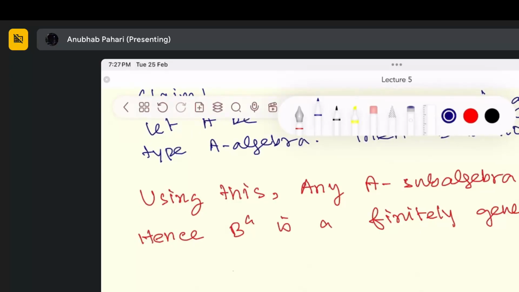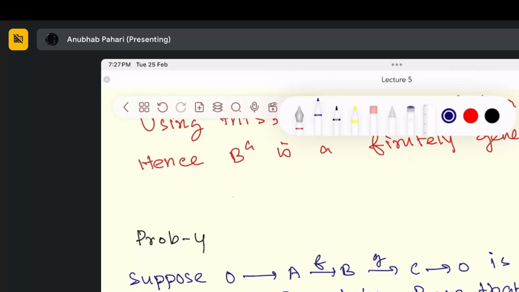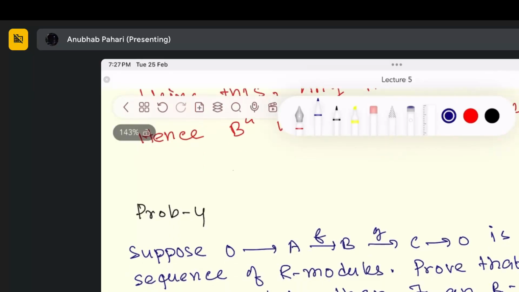Prove that if C is a free R module, then there exists an R module homomorphism j from C to B satisfying g of j of c equals c.